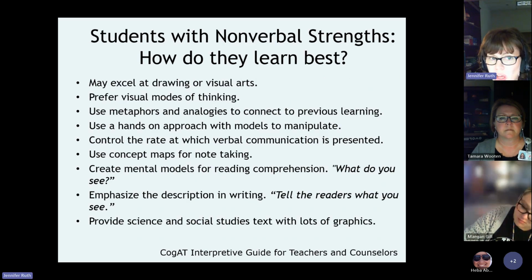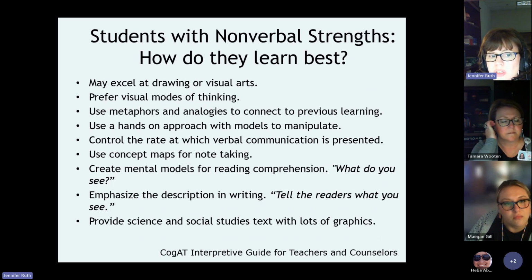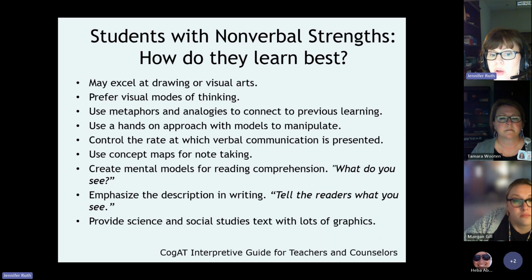A student with a nonverbal strength tends to excel at drawing or visual arts. They prefer more visual modes of thinking. Nonverbal strength students need hands-on. They need models. They need pictures, visuals, videos. For these students, we need to control the rate at which we present information verbally.